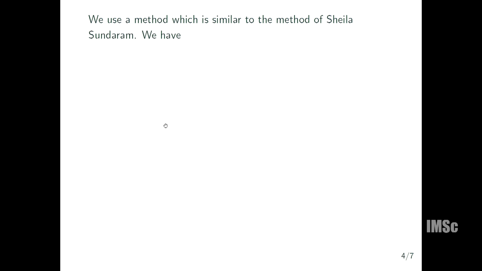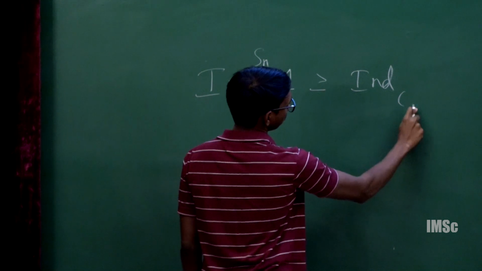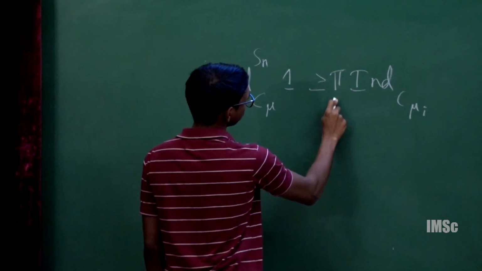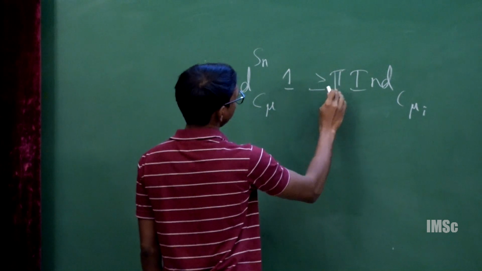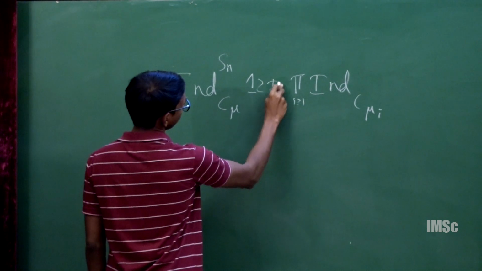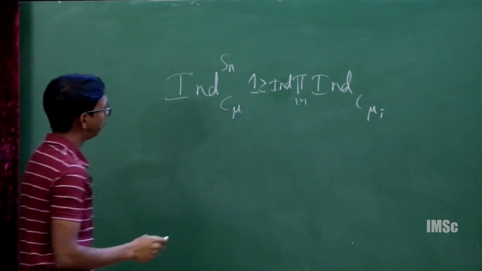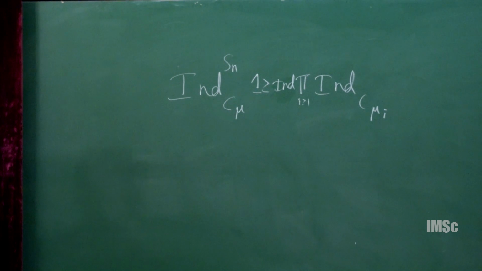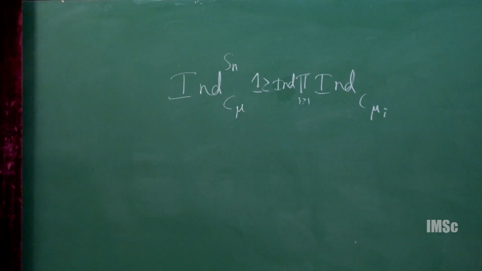To be more precise, we basically use the induction of C_mu to S_n, which is greater than or equal to something, and then there is one more induction. So we use this identity and Sheila's method to classify all cyclic subgroups of S_n which are monomial subgroups.